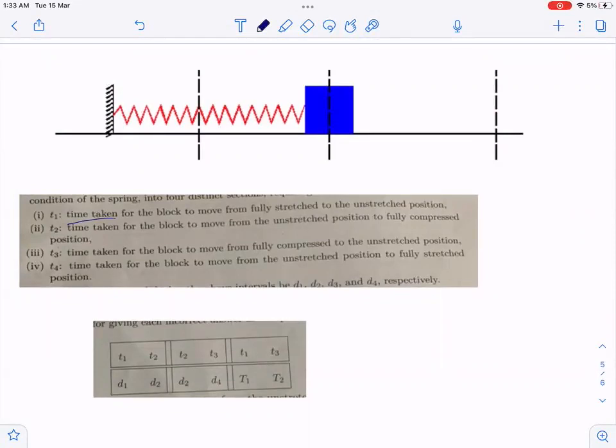Or before that, I'm going to mark the mean position also. So this is the mean position when it is moving this side, and when it is moving this side, then the mean position is here. And this distance between natural length and mean position we have calculated, which is 0.5, and here also it's 0.5 centimeter.